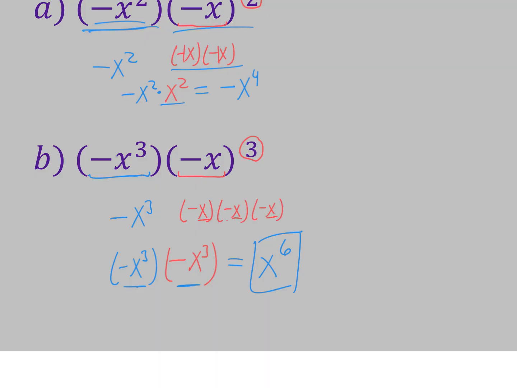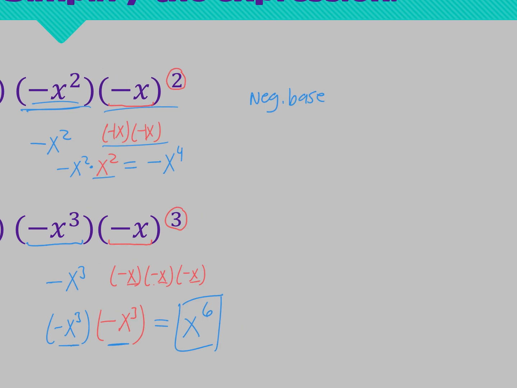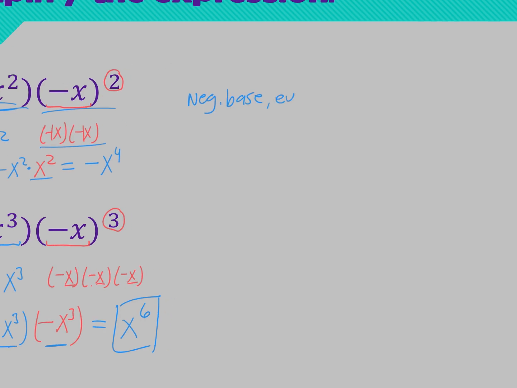As a general rule of thumb, if you have a negative base and even exponent, that's going to get me a positive answer. However, if I have a negative base and an odd exponent, that's going to get me a negative answer.